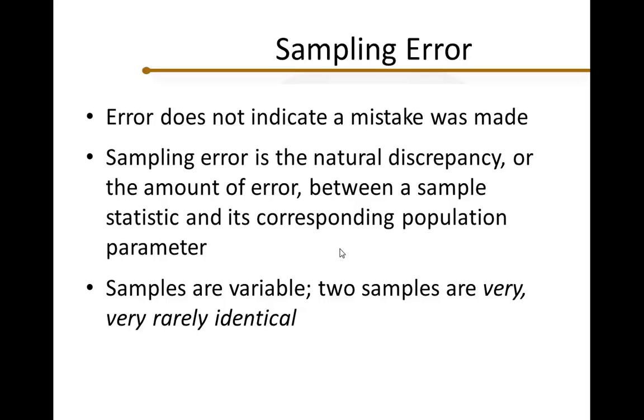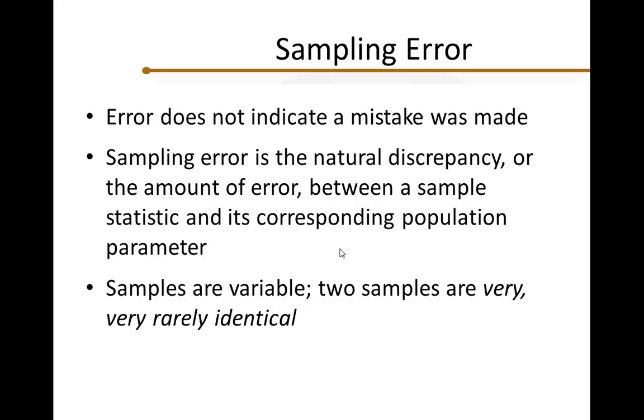So if we grab, say there are 100 students that are taking CJ425 this semester, and I want to survey 25. If I grab one sample of 25, I survey them, I put them back in the group, and then I grab another random sample of 25, they're not going to be exactly the same, right?